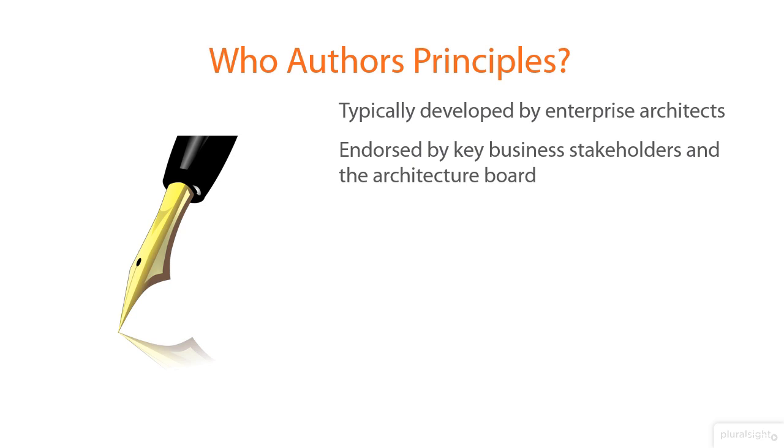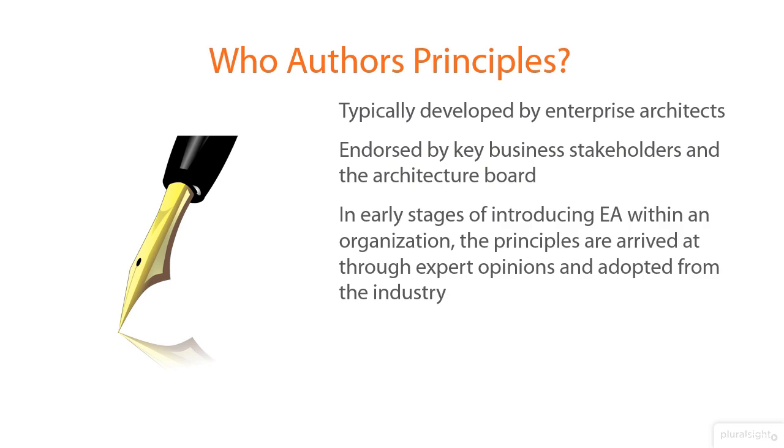In general, in early stages of an enterprise architecture team's life cycle, these principles are identified based on the expert opinions of enterprise architects involved and also based on the agreement of other stakeholders to these principles. It is not entirely uncommon for an enterprise to adopt generally understood principles applied across the specific industry of the enterprise or from other related industries.